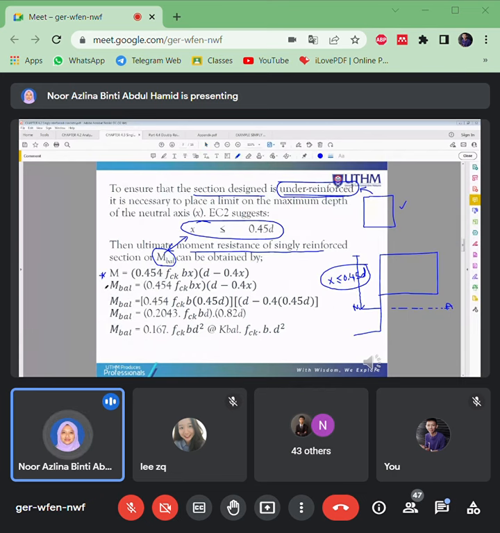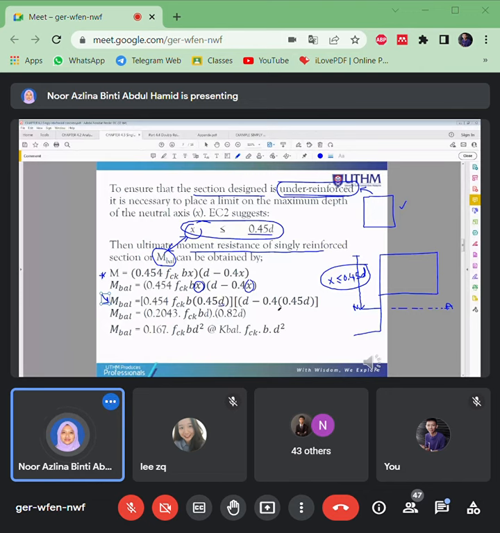Okay, so to be a moment balance, this is M, it can be moment balance, but we have to consider this limit. So that means we have to replace the X value with 0.45D. Okay, masukkanlah this X will be 0.45D. This X also 0.45D.